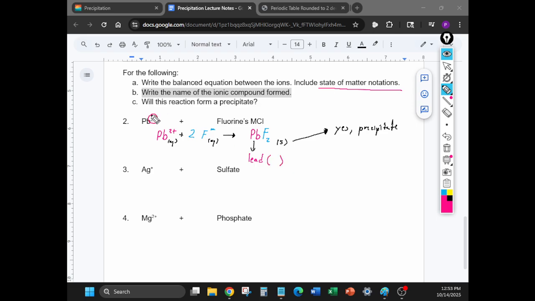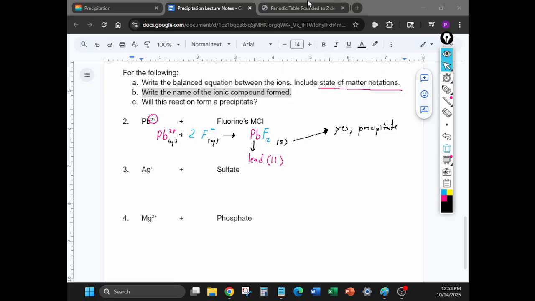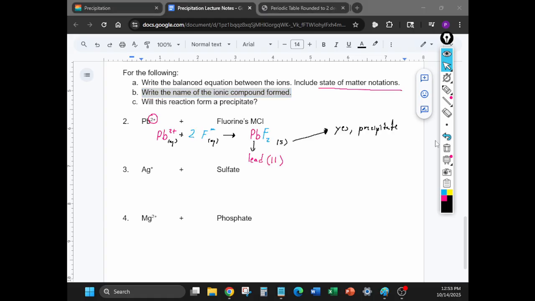It's Pb2+, so we're going to write lead 2. How do you know when to add the 2 there? If it doesn't have the monatomic ion pattern. So if it's any of the ones in the middle, or remember that line that we drew here? Anything underneath that line, those you need to add the parentheses. Great question. So if you have a cation with no monatomic ion pattern, that's when you write the parentheses.